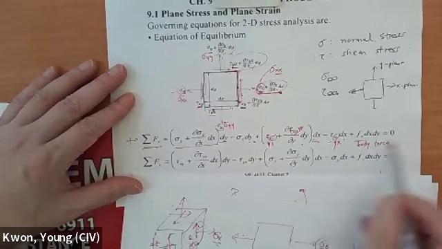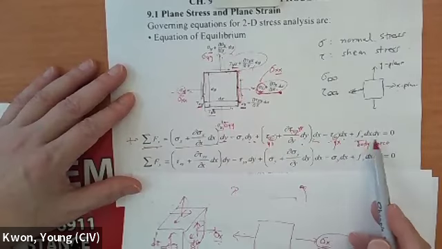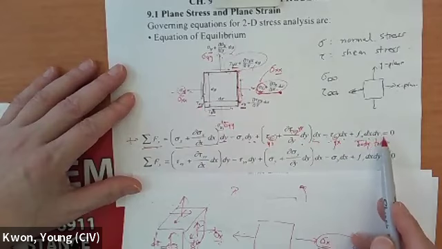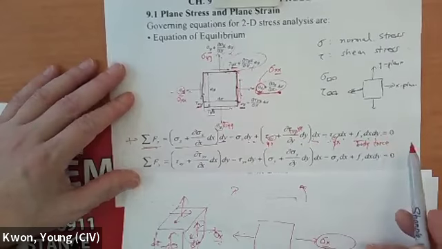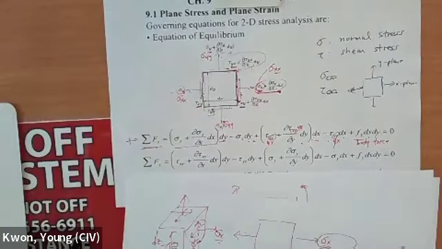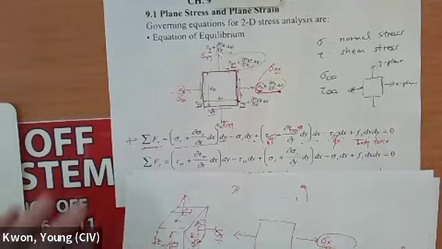If you have a body force in the x direction, then fx dx dy multiplied by 1, that's the volume, so that's going to be the body force, okay? And what kind of body force are we talking about? Gravitational force or centrifugal force, those are typical body forces you may consider in the system.